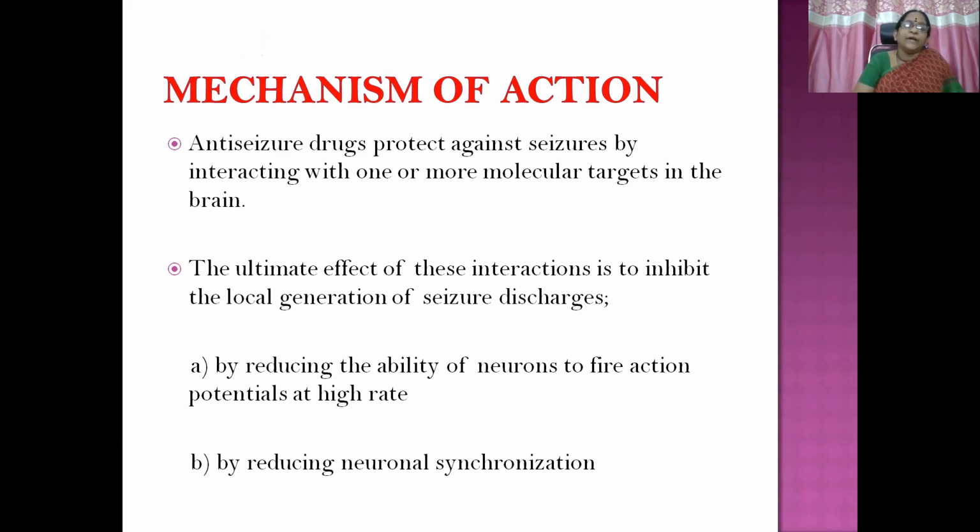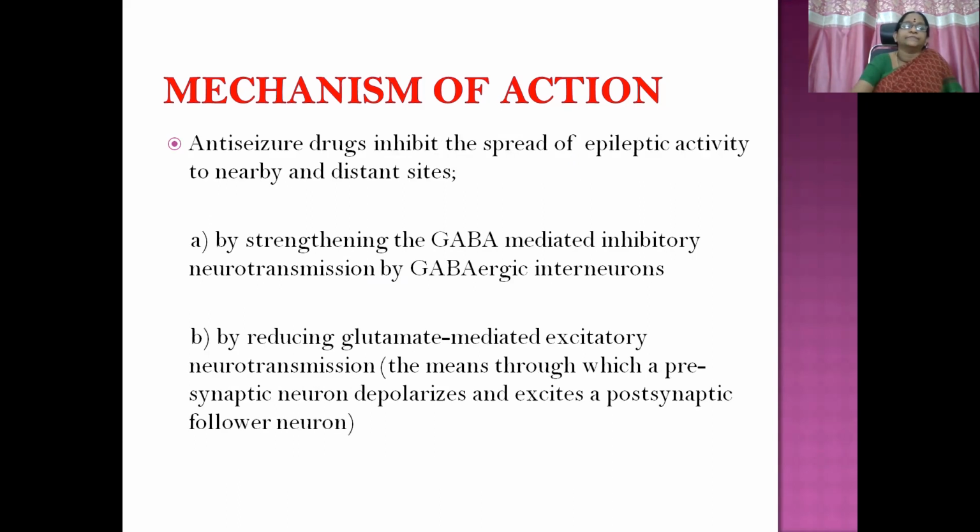Number one, by reducing the ability of neurons to fire action potentials; the initiation of the action potential itself will be nullified. And number two, by reducing neuronal synchronization. We discussed hypersynchrony; that is reduced or prevented. So these are the two goals for the mechanism of action of any anti-epileptic drug.